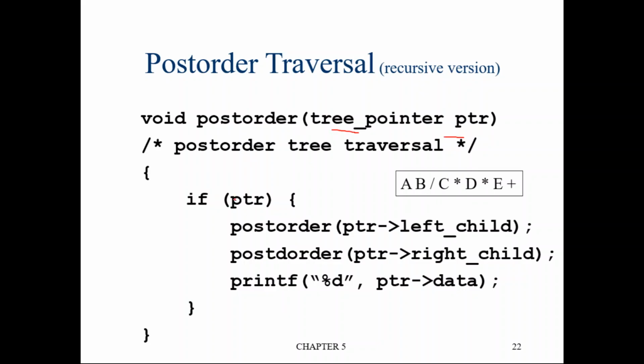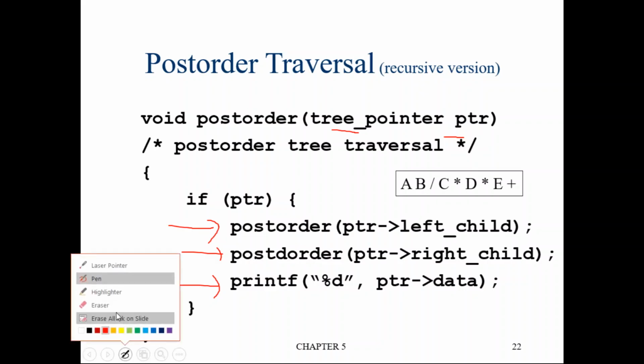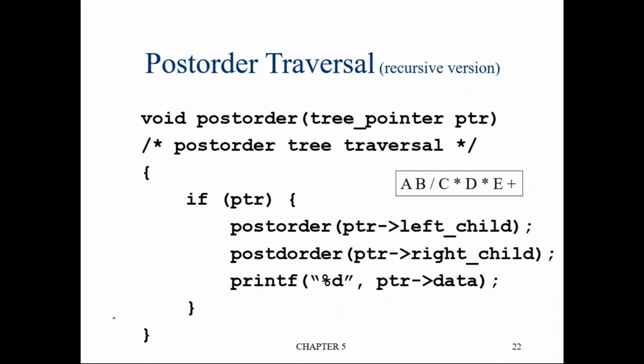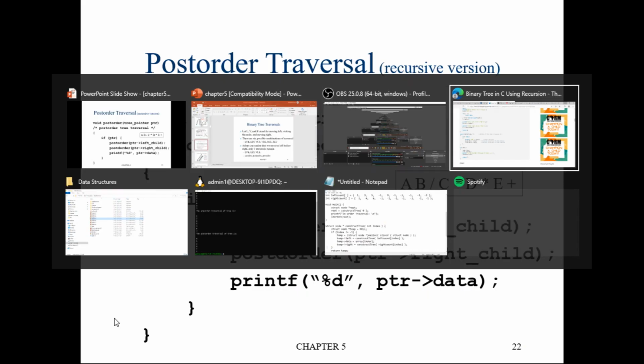Check whether ptr is not equal to null. First call post-order with the left child, then recursively call post-order with the right child, then print. So this is the logic for traversal. Let me show you the C code for that.